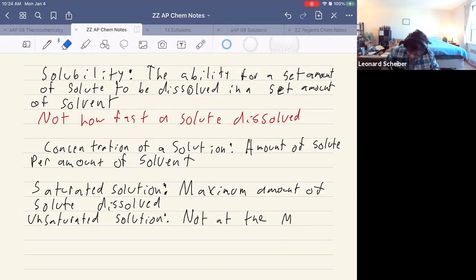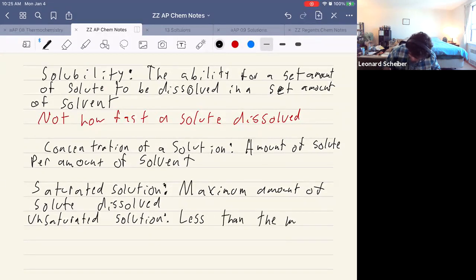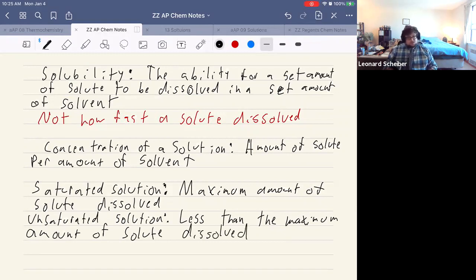Or I should say specifically less than the maximum amount of solute dissolved. Much less. Okay. So we can reach that point of solubility, that point of saturation, or we can be less than it.